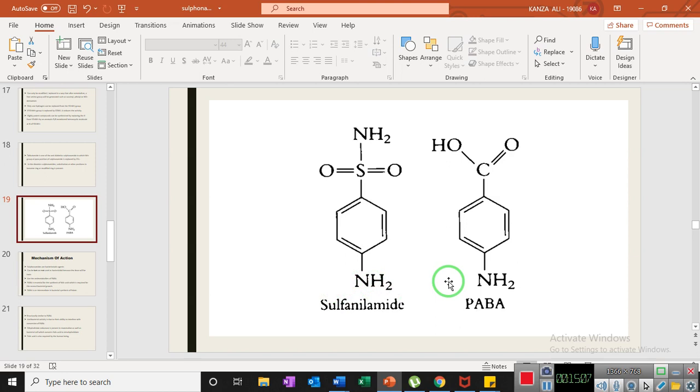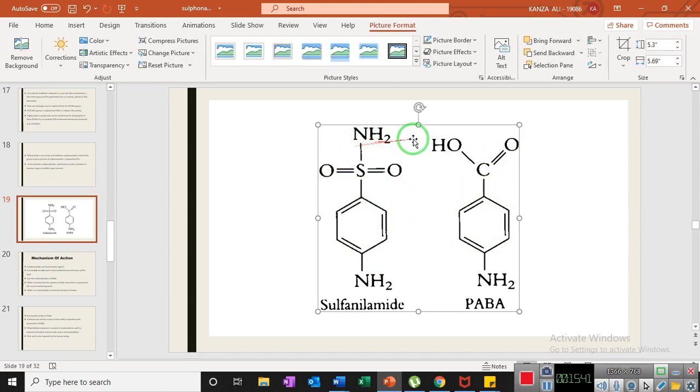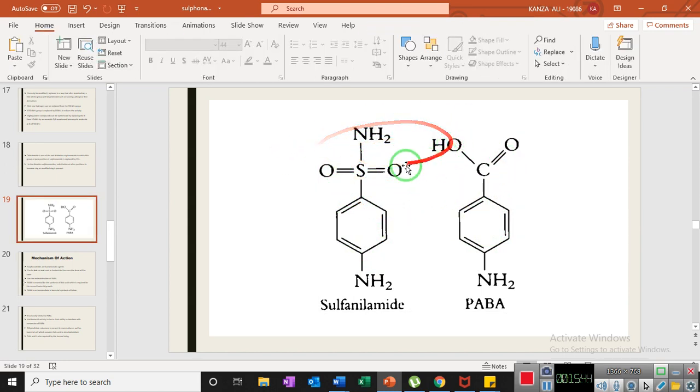Only one functional group, SO2NH2, is replaced by COOH. It means the sulfonamide has a structural similarity. Up to this moiety we have the same structure, and the only difference is in the second functional group, where SO2NH2 is replaced by COOH.